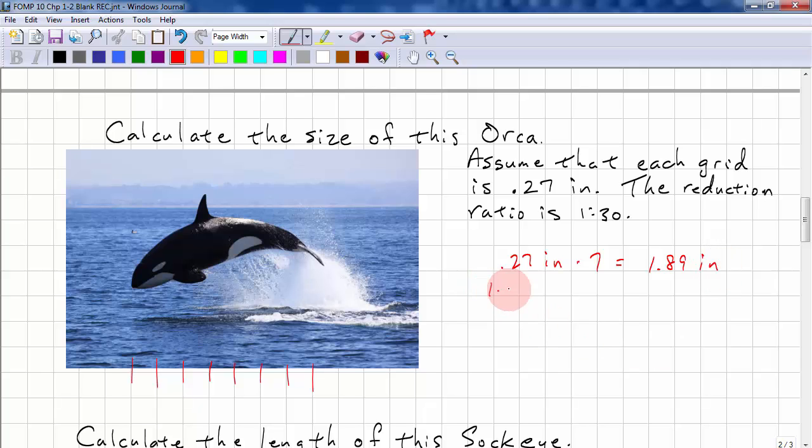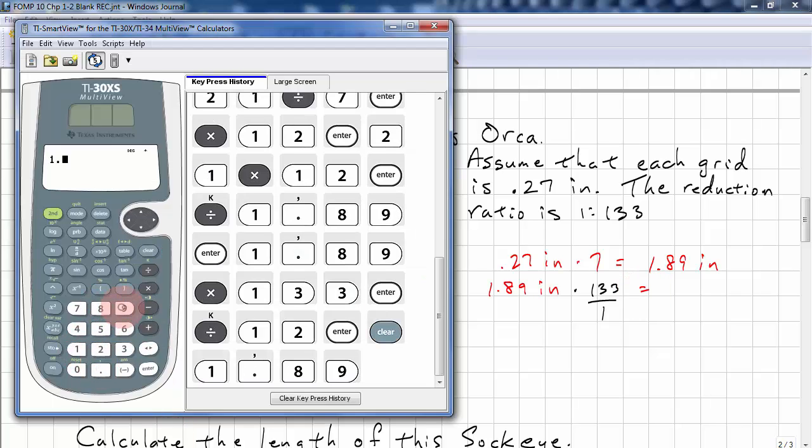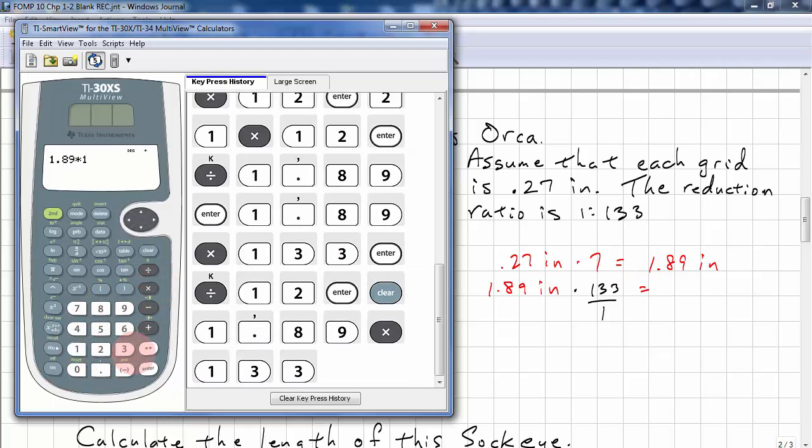We take our 1.89 inches. Sorry, we have a reduction ratio of 1 to 133. So we take our 1.89 times 133 over 1. 1.89 times 133.